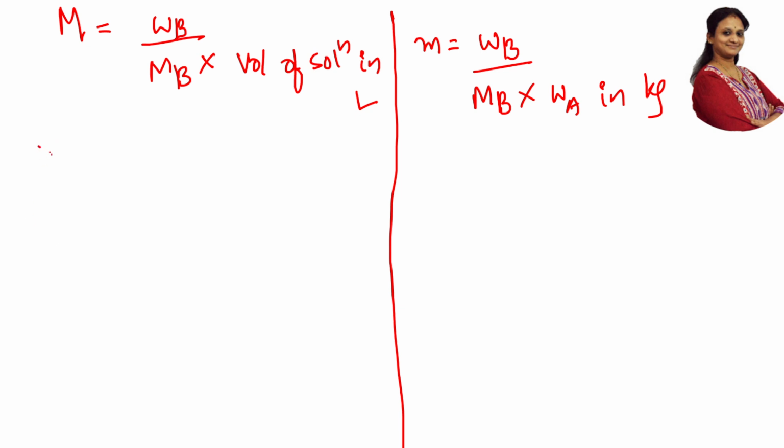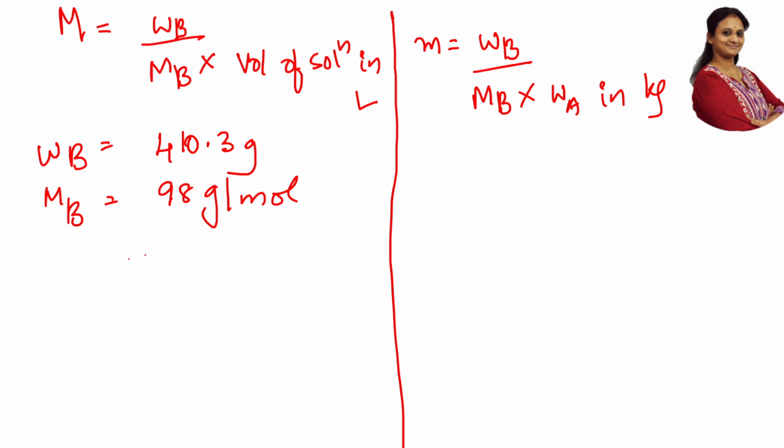Now let us write what WB is given to me: sulfuric acid, 410.3 grams. What is MB, the molecular weight of sulfuric acid? It is 98 gram per mole. What is the volume given to me? 1 liter.